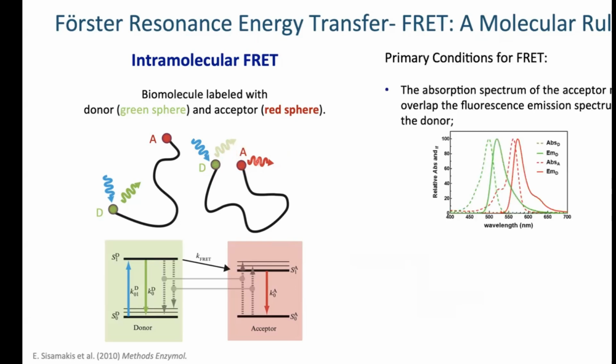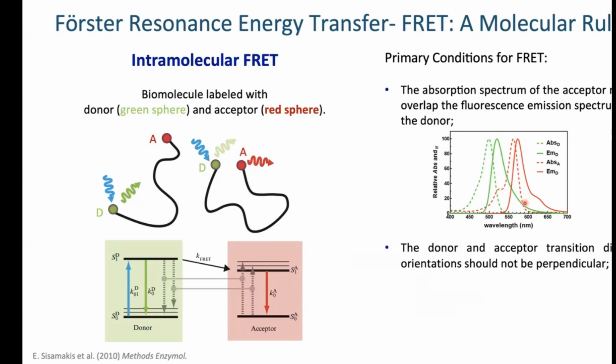So the primary conditions to have FRET, first of all, is to have an overlap between the fluorescence emission spectrum, shown here, of your donor, and also the absorption spectrum of your receptor. Also, the donor and the receptor transition dipoles orientation should not be perpendicular, otherwise you don't have FRET.